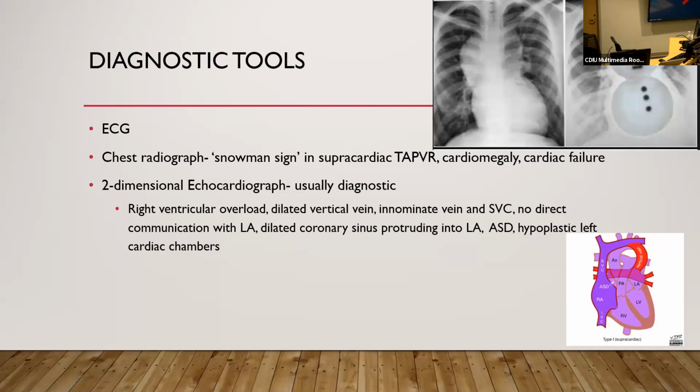A two-dimensional echo is usually diagnostic, where you'll see right ventricular overload, dilated vertical veins, the vein that we've discussed, and then the innominate vein and SVC. And then there won't be any direct communication of any of these pulmonary veins with the left atrium. And there'll be a dilated coronary sinus protruding into the LA. And then you may get the left heart being hypoplastic.